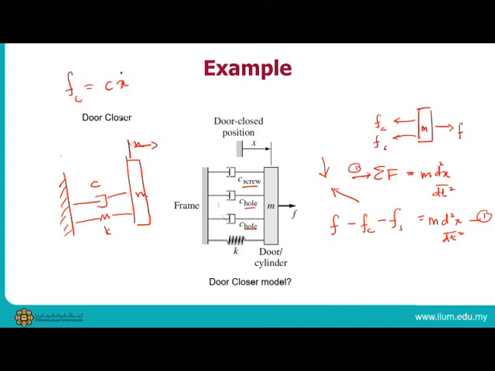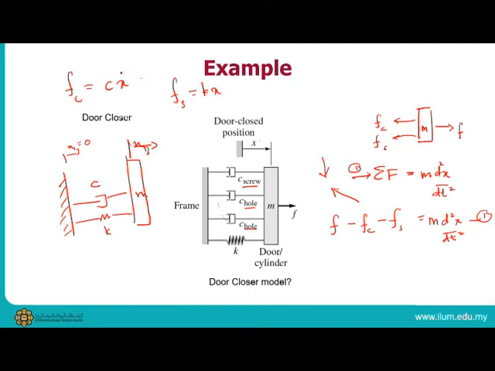Because if you consider this one x2 and this one x1, x1 is actually equal to 0. So that's why there's no minus here, because this one is ground already. So that's why your fc equals c x dot. And then your fs, the force in the spring, is equal to kx.